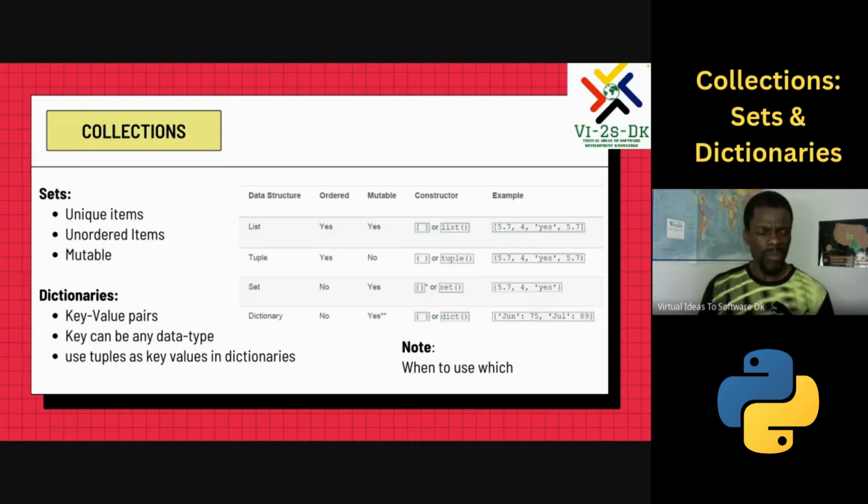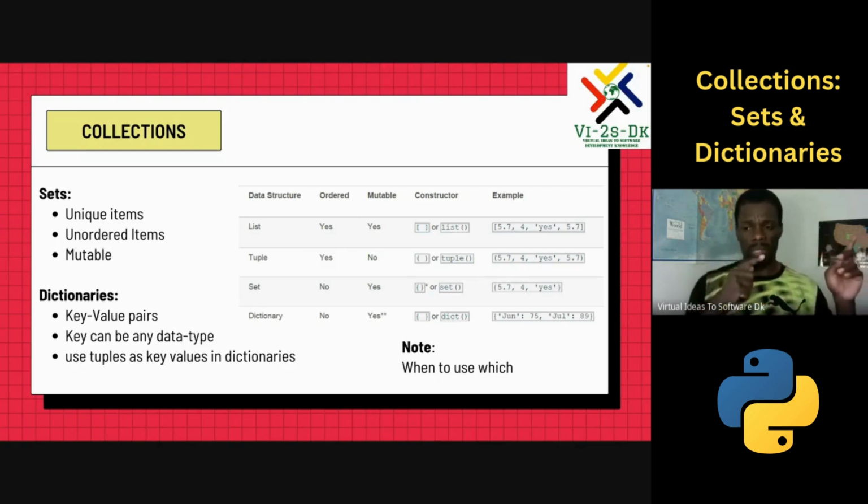Also, we have dictionaries. Dictionaries, just like the dictionary in real life, have words and descriptions. But in a dictionary of Python, you have keys and values. The keys can be of any data type. The key does not always have to be an integer, because when we think about sequences, the keys were always integers, which are, in other words, known as indices or index.